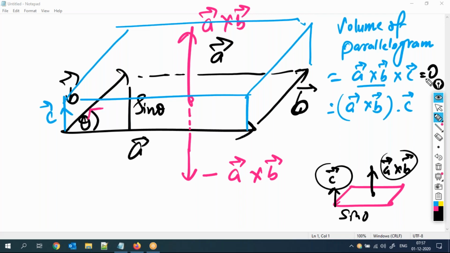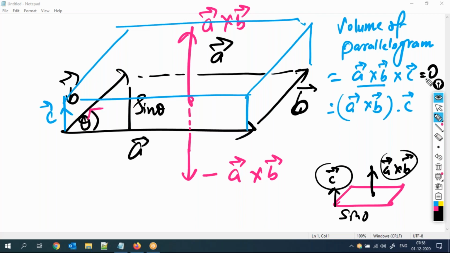This is 0. Agree? Yes, sir. Why 0? Because cross is sine theta, right? Yes, sir. So A cross B and C are both in the same direction, so their angle will be 0 degrees. Yes or no? Yes, sir. So that will become 0. So that cannot be the area of our parallelogram.